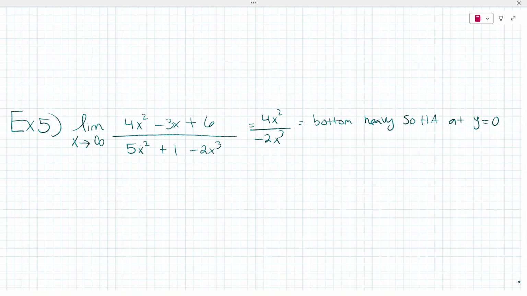It's bottom heavy, so you've got to show the work. What we'll do is divide each term by x cubed because that is the highest power. So it's going to be 4x squared over x cubed.